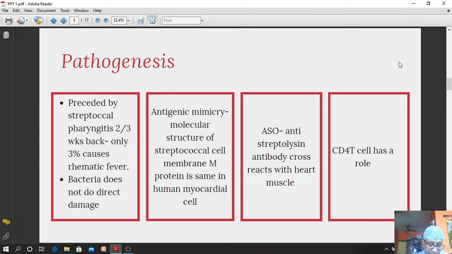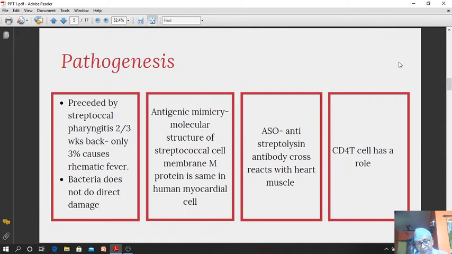Here the bacteria does not cause direct damage to the heart. The main important implicating factor is antigenic mimicry. The molecular structure of the streptococcal cell membrane, that is the M protein, is the same as that of the human myocardial cell, the sarcolemmal cell.